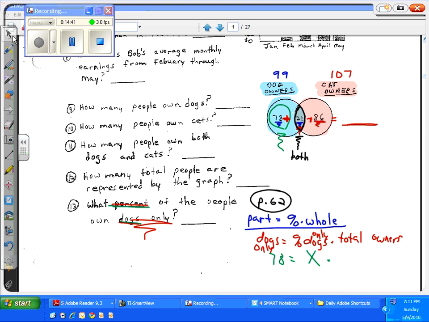So here would be your total owners, right? 78 plus 21 plus 86. And once you put that in there, then you would have an equation that you could use to solve for x, the percentage of dog-only people. Now, when you get x, it's going to be the percentage as a decimal, and you would then have to move your decimal two places to the right to get a percentage. So there's an introduction to some Venn diagram things.